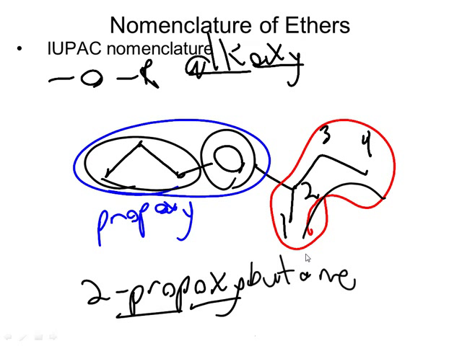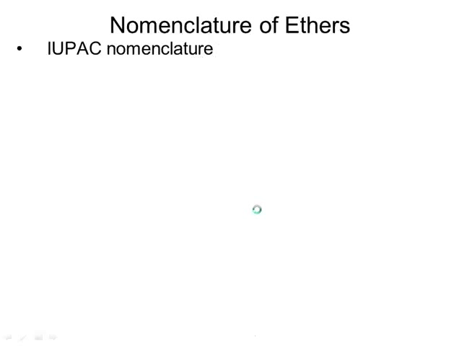So we're just treating the oxygen with the R group after it as all one substituent. So 2-propoxybutane is what this gets called. Let's do another one. Let's do O.